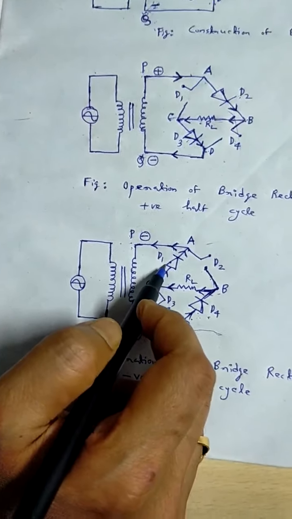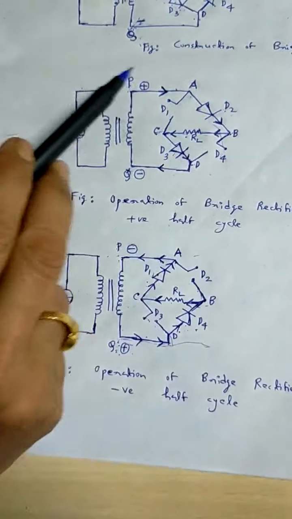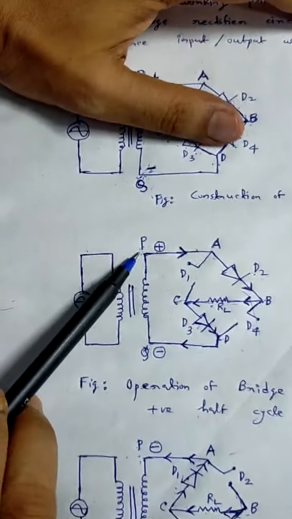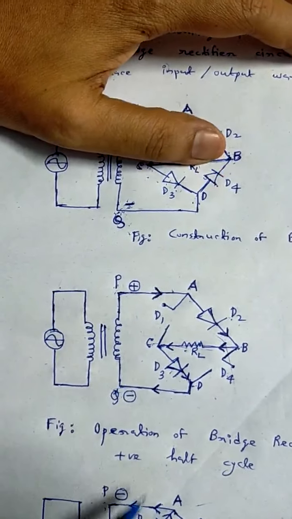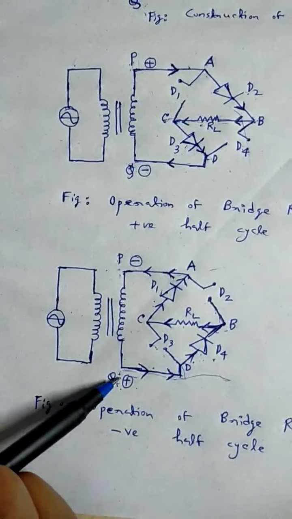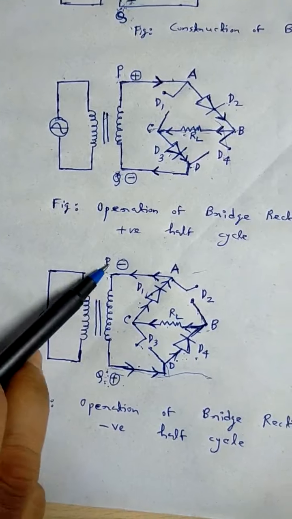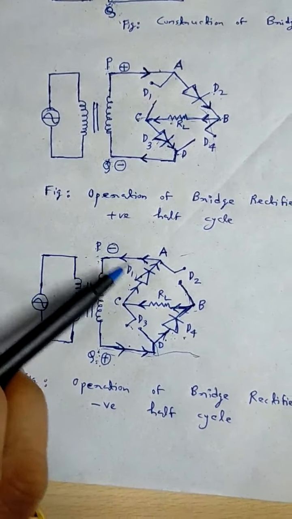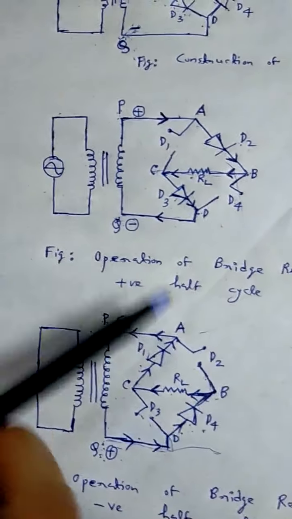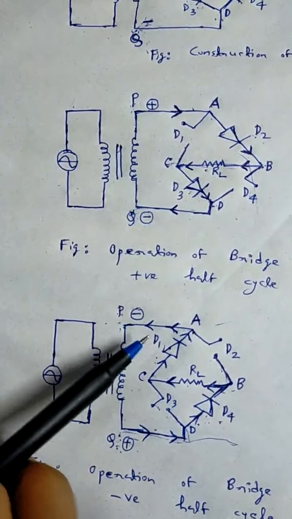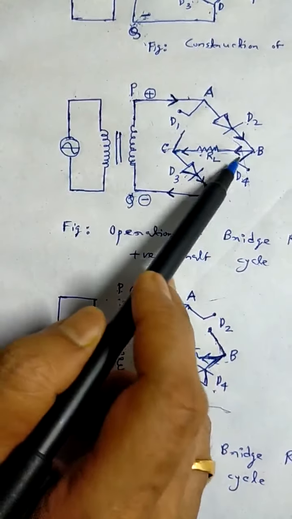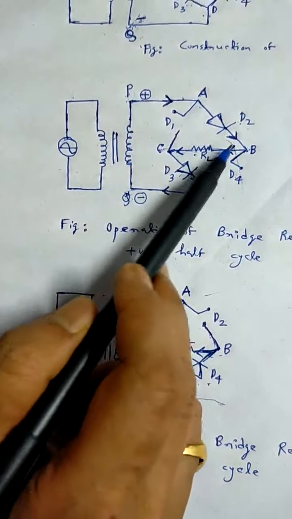Now see, during the positive half cycle current is moving from end P to Q, and during the negative half cycle current is moving from Q to P. But one interesting thing: during both half cycles, current is moving through the load in the same direction.